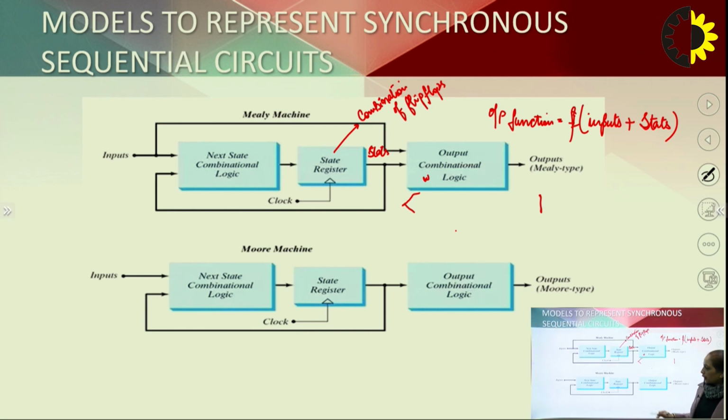Whereas in case of a Moore type machine, your output is the function of only states, right? So in case of a Moore machine, your output function is only the function of your state variables.